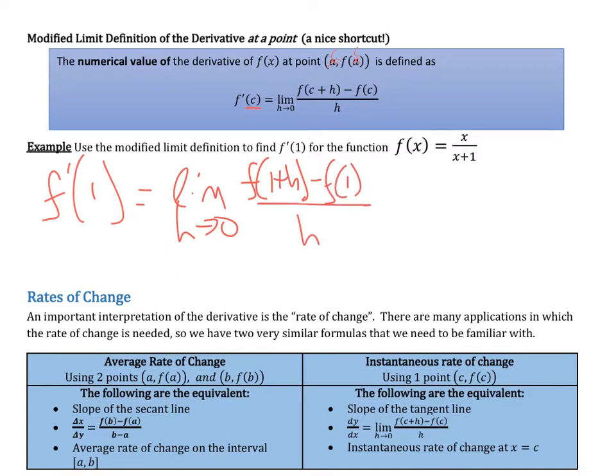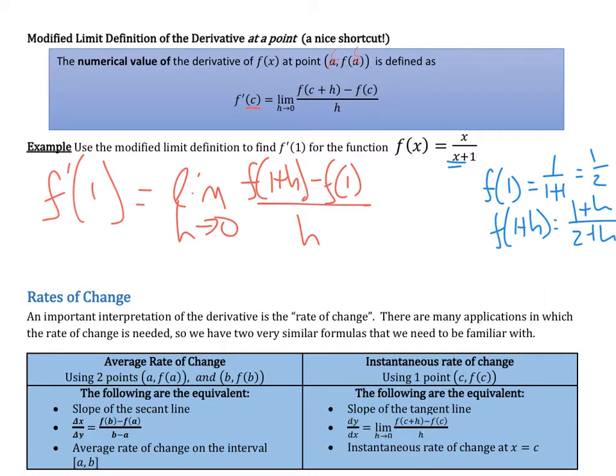Now, it's usually not a good idea to do separate problems, but this might be a nice place to do that. f of 1 is just 1 over 1 plus 1, which is 1/2. f of 1 plus h is going to be 1 plus h on top. And on bottom, when we plug 1 plus h in, we're going to have 1 plus h plus 1, which is 2 plus h.